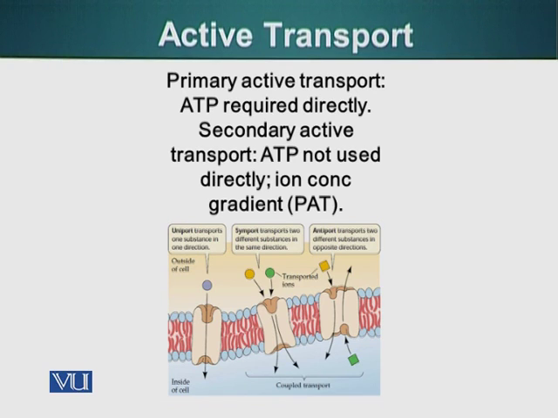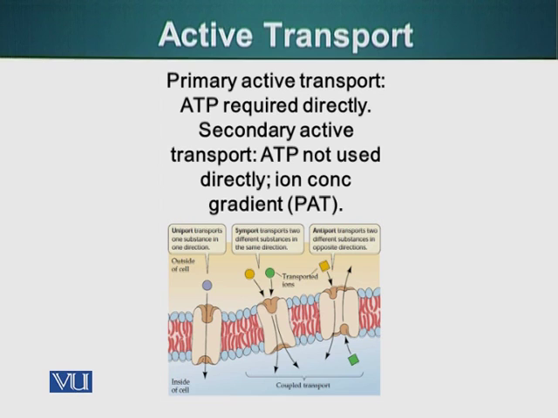There's another type of active transport which is called secondary active transport, in which ATP is not directly used, but it is the ion concentration gradient that is used to move molecules across the plasma membrane. This ion concentration gradient indirectly uses ATP energy. Although energy is required, it is not directly taken from ATP.